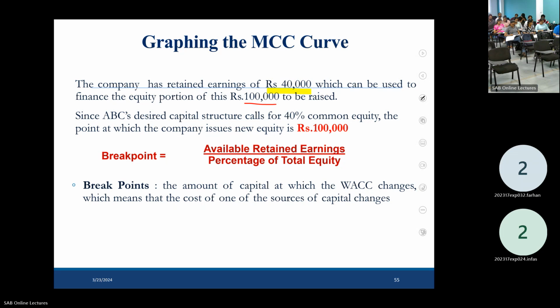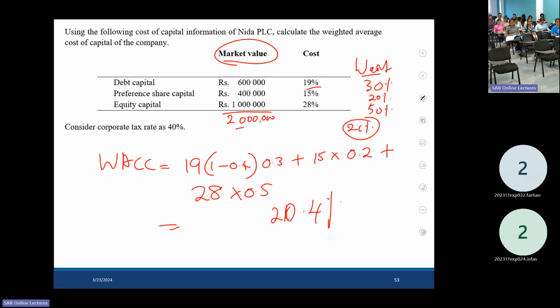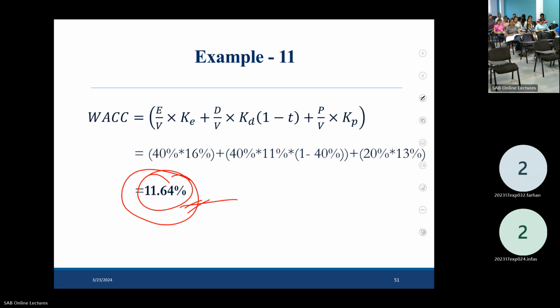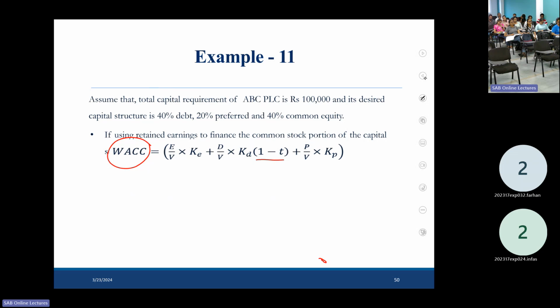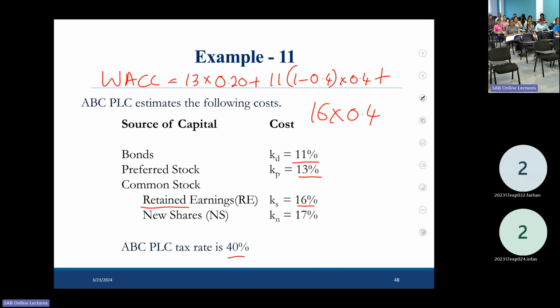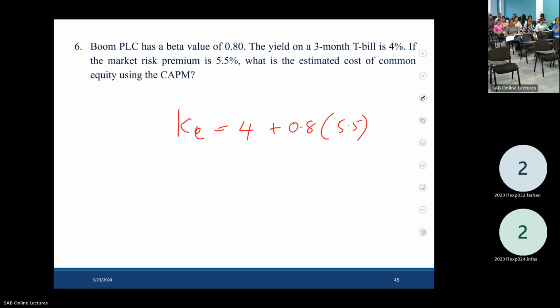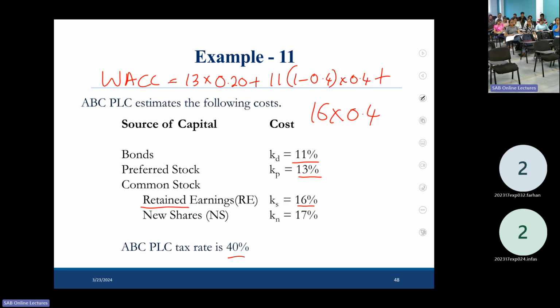If you go to the previous slide, you can see their total capital requirement was, the same example, right? $200,000.